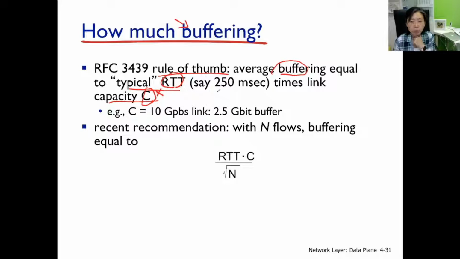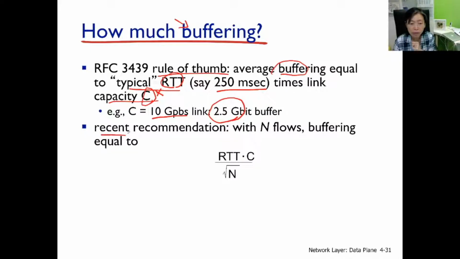In this example, we have a round trip time of 250 milliseconds and a capacity of 10 gigabits per second. These are very typical values, but you see the memory requirement is pretty high, 2.5 gigabits. So not exactly practical.